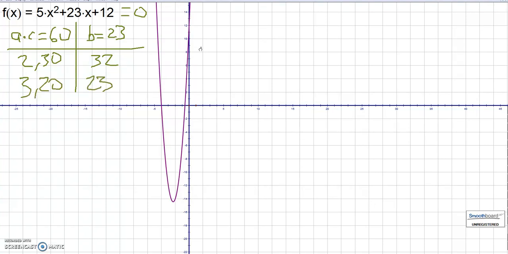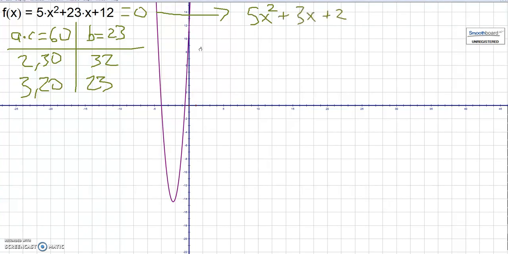And the way I'm going to use those numbers is to rewrite the middle term. So I'm still going to have a 5x squared, and it doesn't really matter the order that I put this in, but just because I did 3 and 20 on the previous one, I'll write it as 3x plus... I'm sorry, let me undo that.